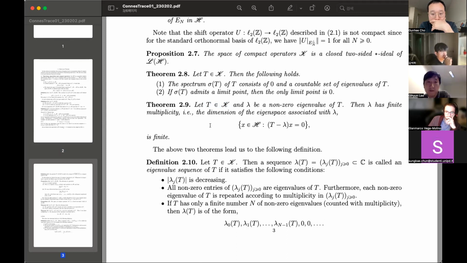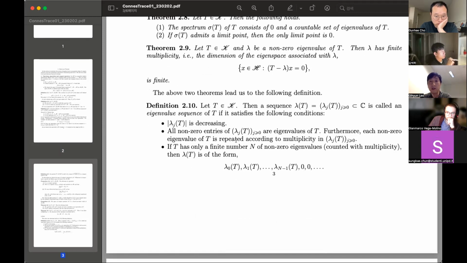What do I mean by multiplicity? Here, the multiplicity means the dimension of the eigenspace associated with lambda.